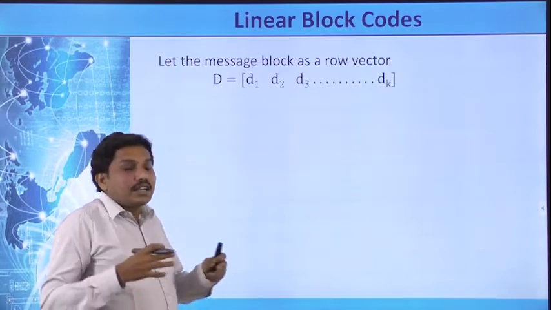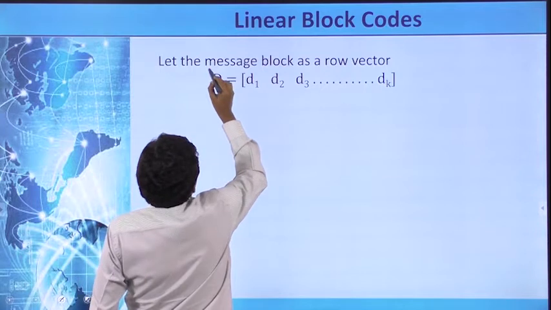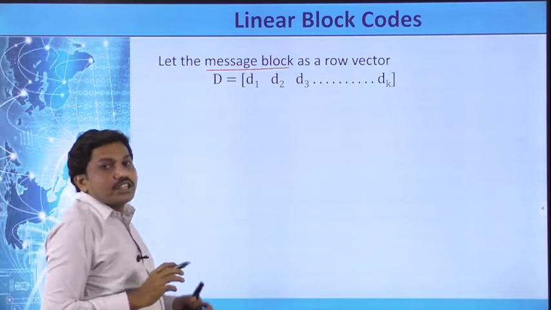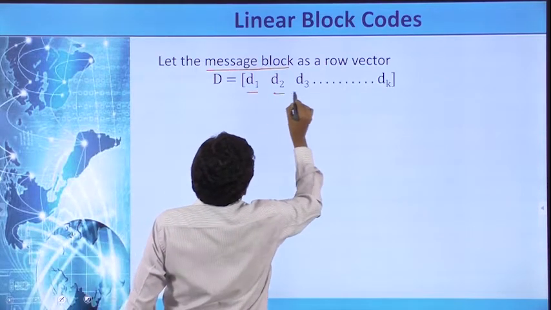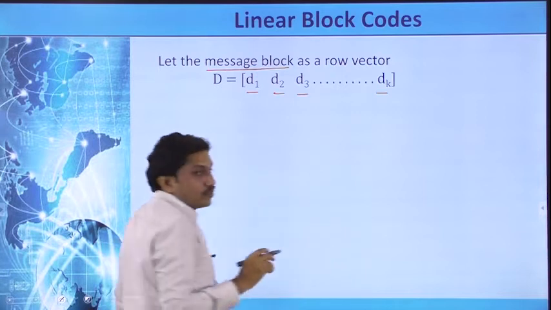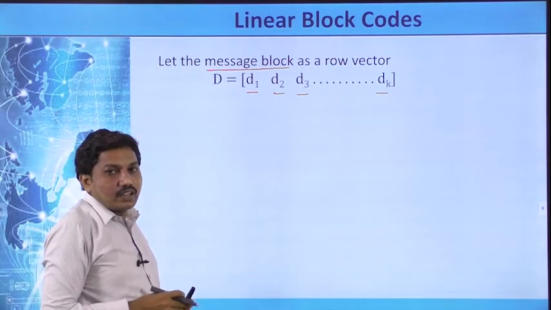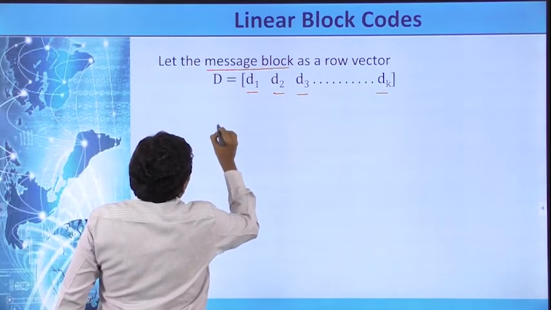So let us see the details in mathematical notation. Let the message block be a row vector which consists of k bits, that is d1, d2, d3 up to dk. So the length of the message is k bits.